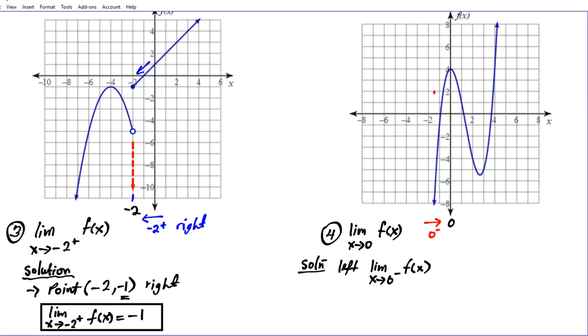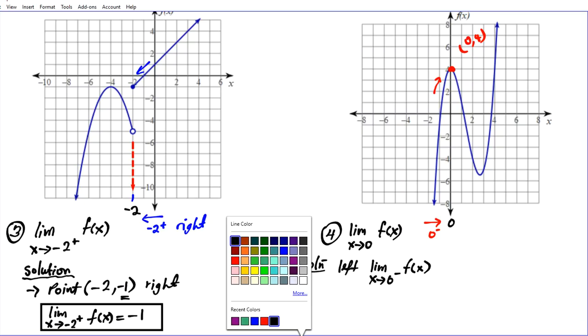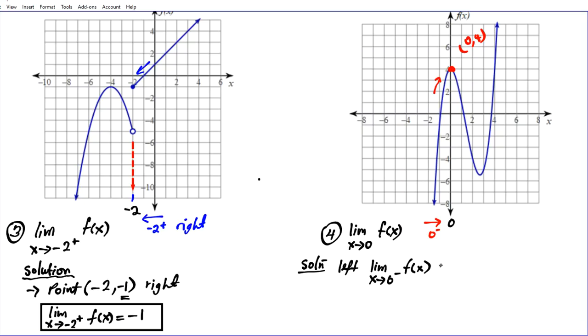You're going up towards a point, this point right here. What are the coordinates of that point? The coordinates of that point are (0, 4). Since you're approaching a point, guess what? Your limit is going to be the y-coordinate of that point, and the y-coordinate of that point is 4.